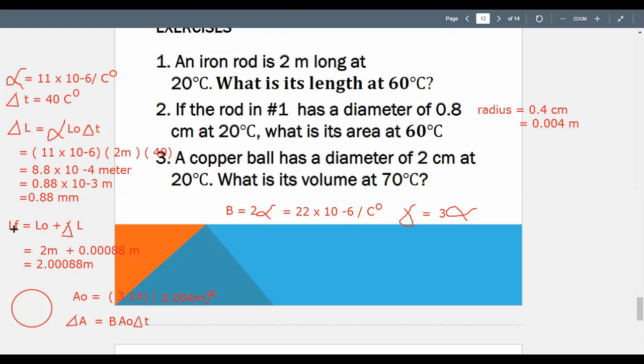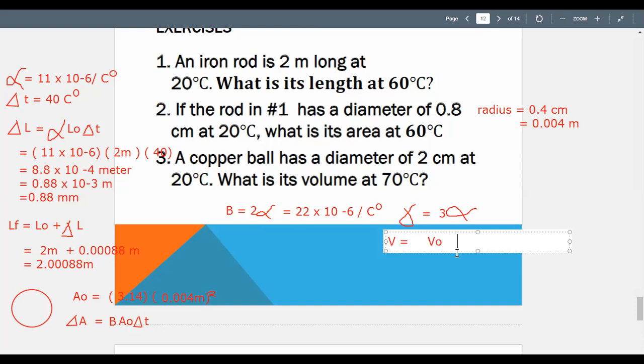So this expression is always applicable even to area and to volume, including the change in temperature. So for delta V, the change in volume, we deal with the original volume, then gamma, and you put gamma there.